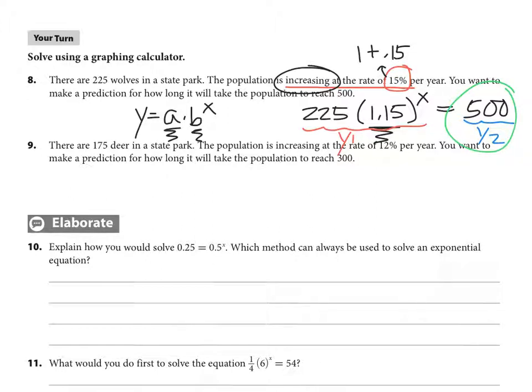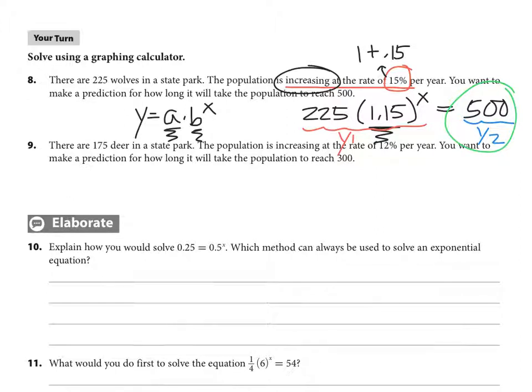So let's just go something between that. So let's say y min is 490, y max is 510. Okay, then press graph. So what I should see is my exponential going up, and then I should see a horizontal line coming across, and there's my intersection.